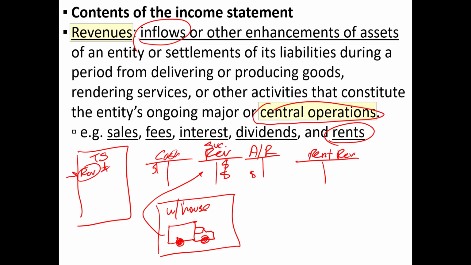But let's say maybe 2 or 3 months out of the year this warehouse is empty. Should we just leave it alone, or is that potentially an opportunity for us to generate other types of revenue? If we have an empty warehouse, say for 3 months of the year, let's go ahead and lease it to some other business. We offer an empty warehouse space for lease for 3 months of the year. We charge people rent revenue.